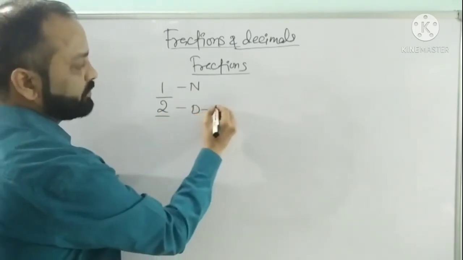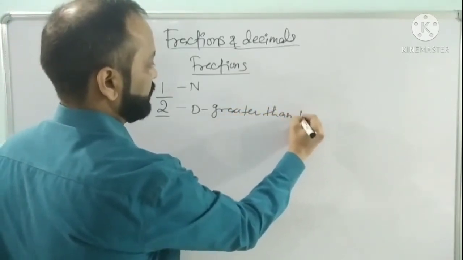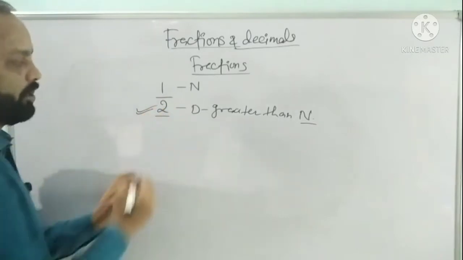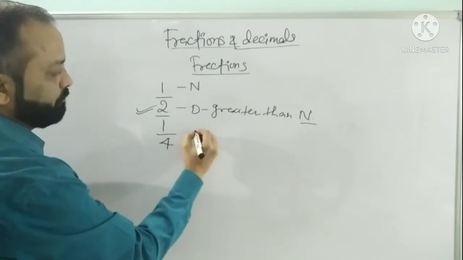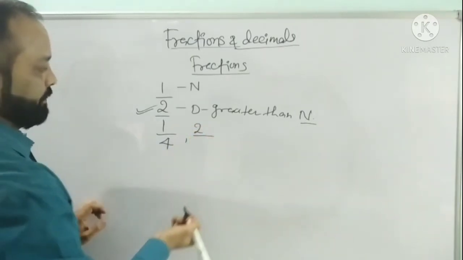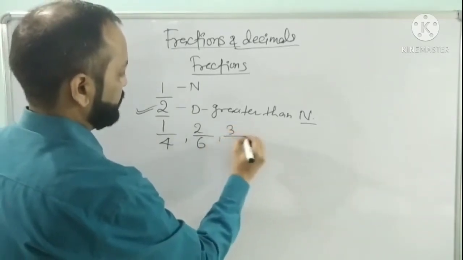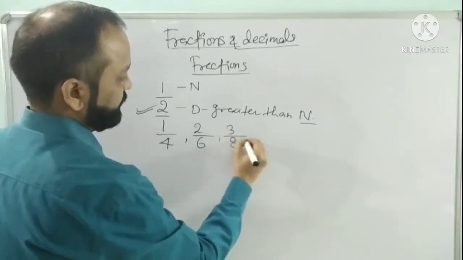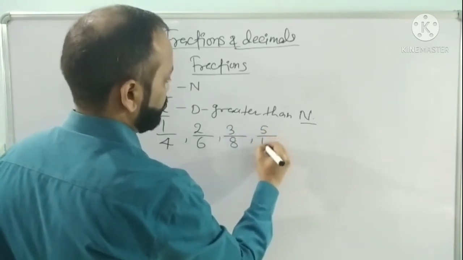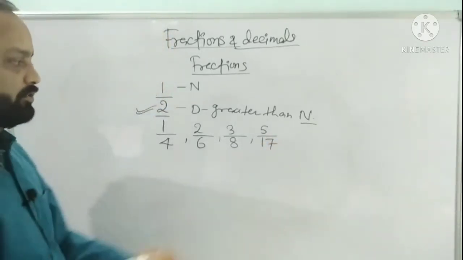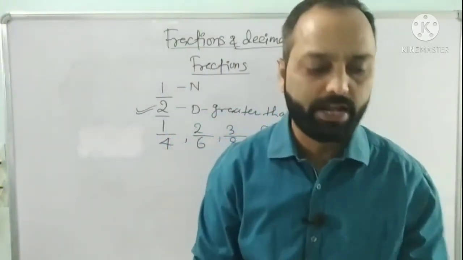The denominator is always greater than the numerator. The other examples can be 1 upon 4, 2 upon 6, or 3 upon 8, or we can write 5 upon 17, right? So the denominator will always be greater than the numerator in a proper fraction.